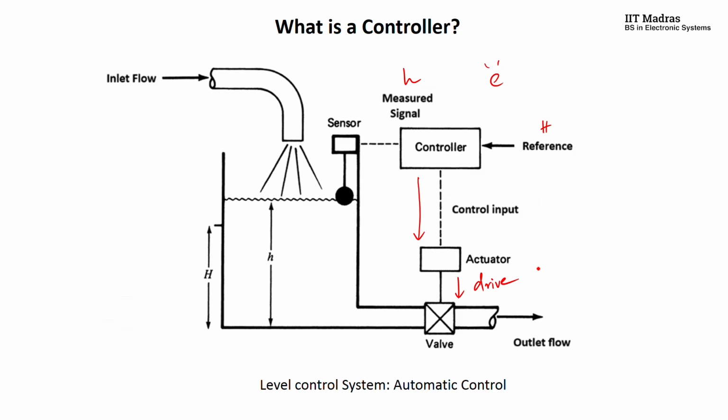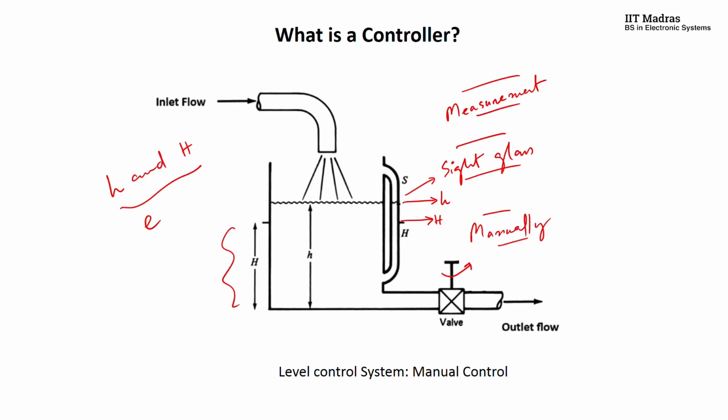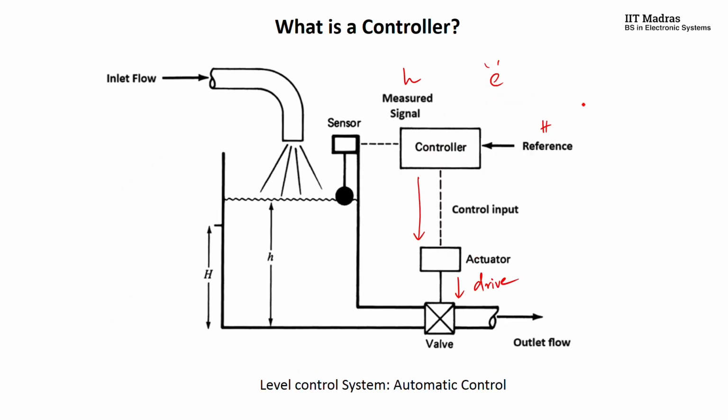Now, the most important thing to understand here is how the controller would understand what the height is. Because when we were doing this manually, we were able to see it in a side glass. It was very clear that the height is lower or higher, we are able to judge by our eyes. However, if you have a controller, how does it know it?